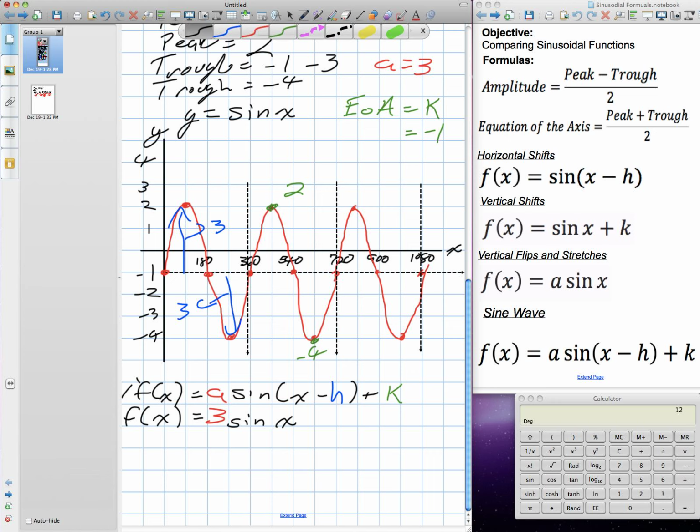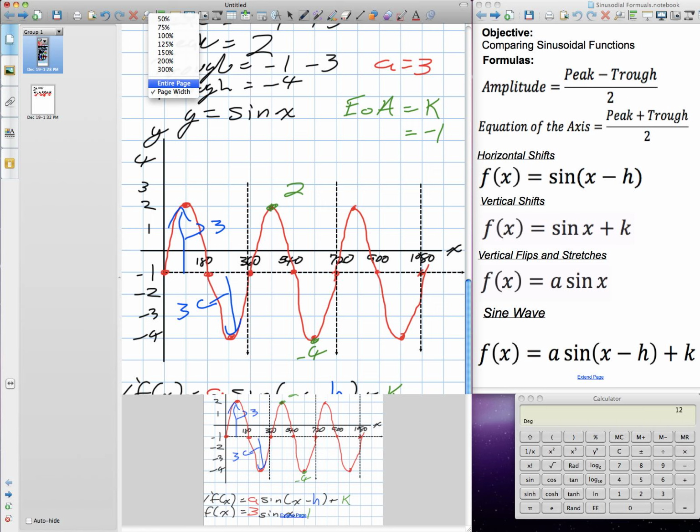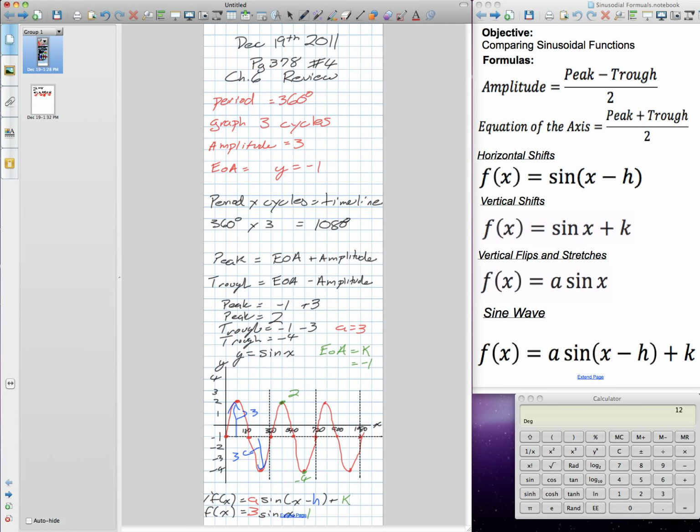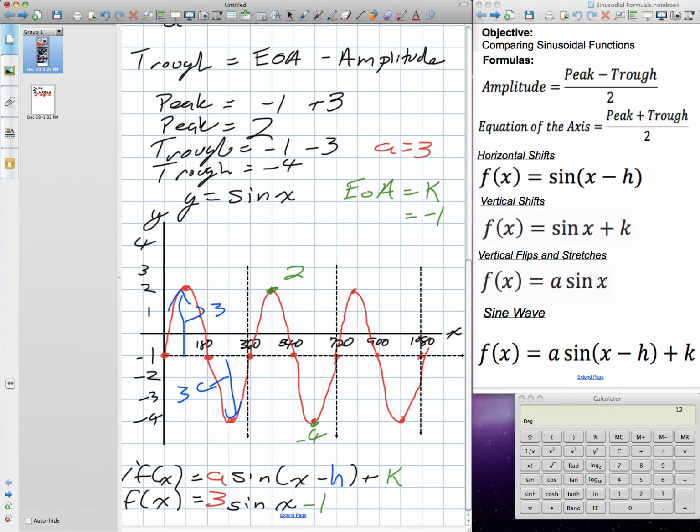No, it hasn't. So essentially, it's 3 sine x, and I'll move the other part over, -1. There is no h. The h value would be considered 0 in this question because it hasn't shifted left or right. So the equation of this, if this was originally a sine function, is 3 sine x minus 1. H would be shifting left and right.